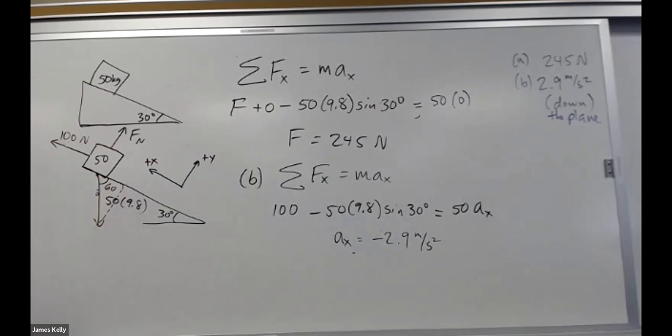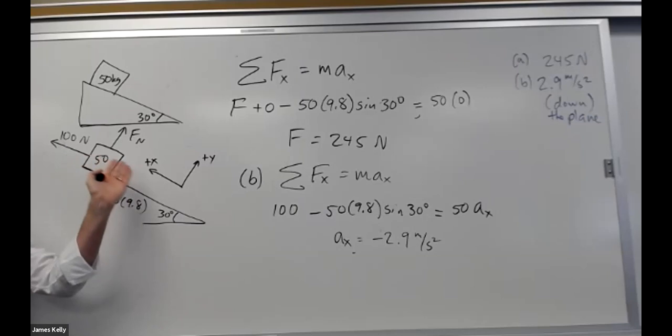And that would have been fine. I'm still looking for the length of this side. I want the x component of this force. And then in that case, I would have been happy that I knew that 60 degrees over there. And I could have said 50 times 9.8 is the length of this times the cosine of 60. But the cosine of 60 is the same thing as the sine of 30. So we'd get the same number in that case. For my coordinate system, we'd still have to put in the minus sign.